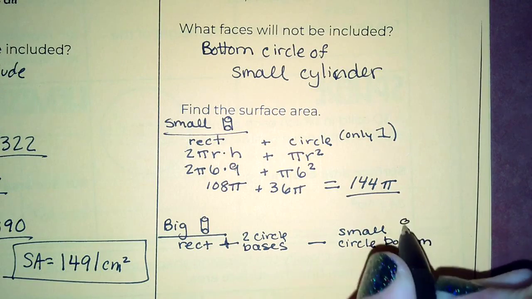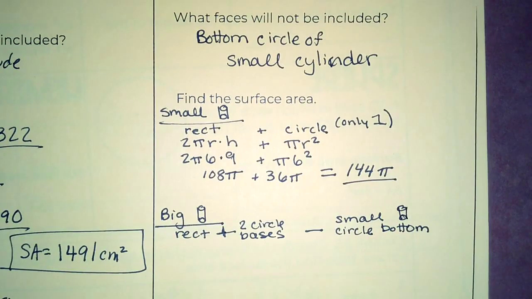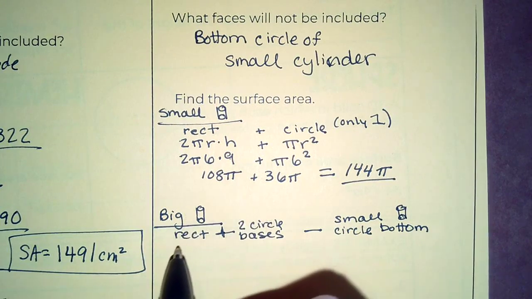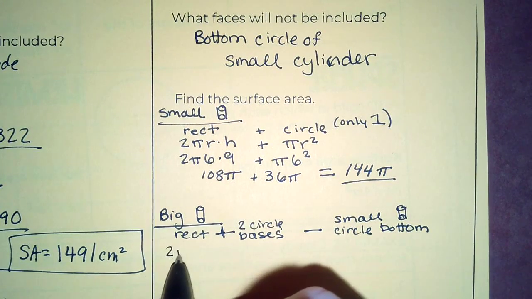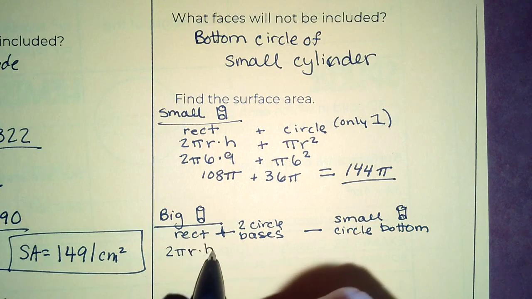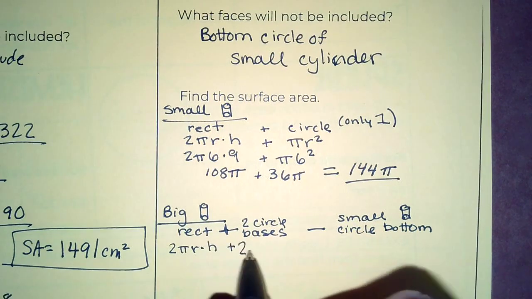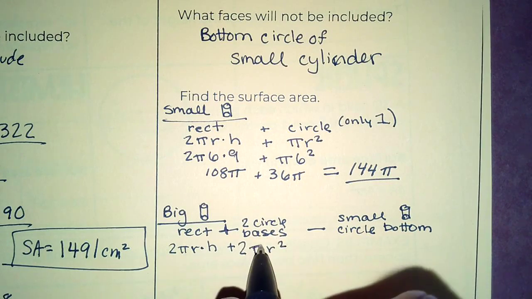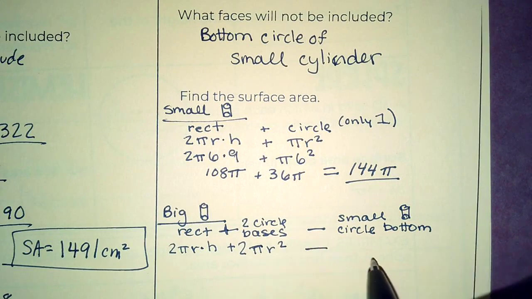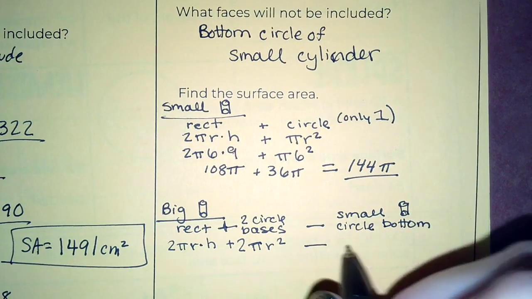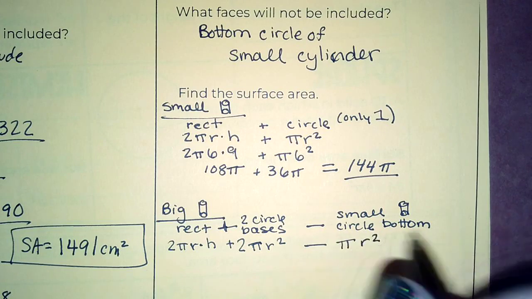So for the big one, around the rectangle would be circumference times height, so 2 pi r times height, plus the 2 big circles, so plus 2 times the area of a circle, pi r squared, minus the small cylinder's circle bottom, pi r squared.